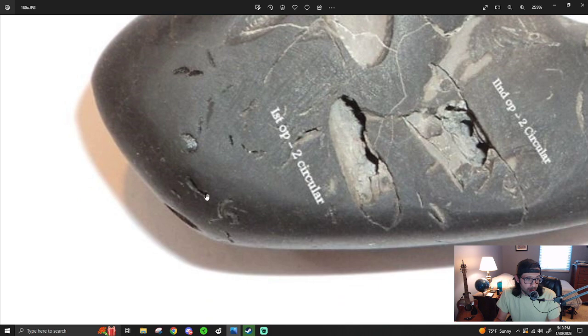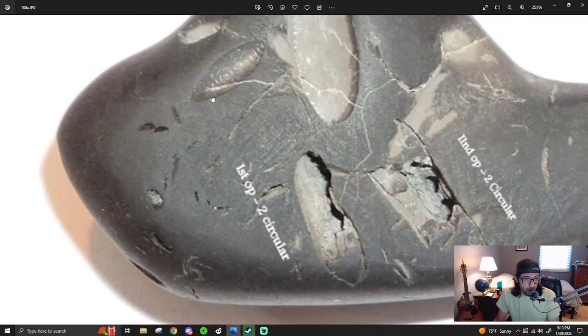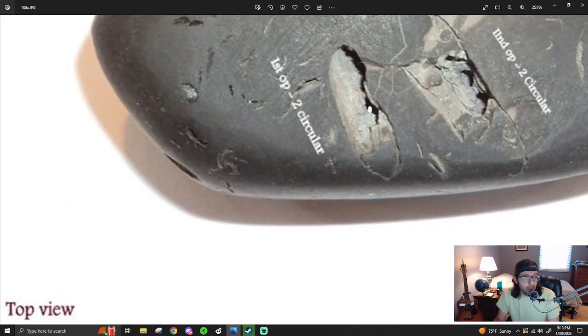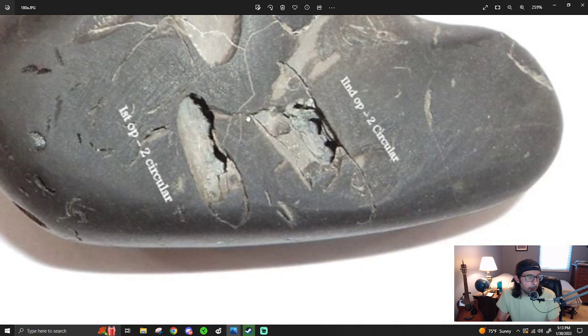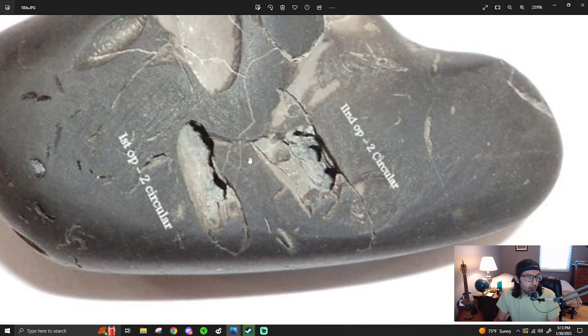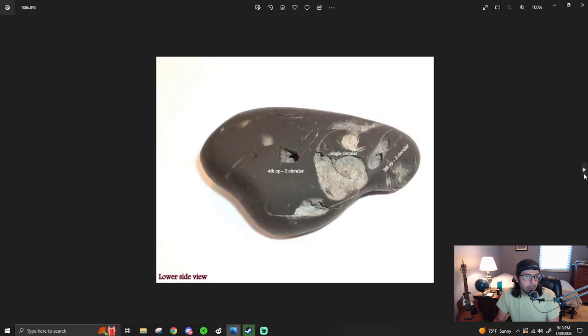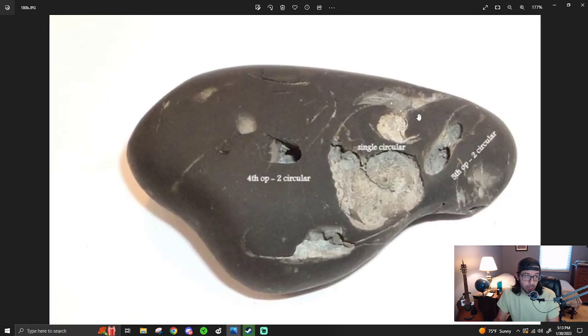And then this even seemingly has a larger lobe that is maybe somewhat related to this boundary that kind of goes through here. Other side of the same stone.